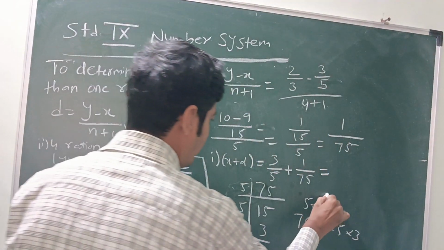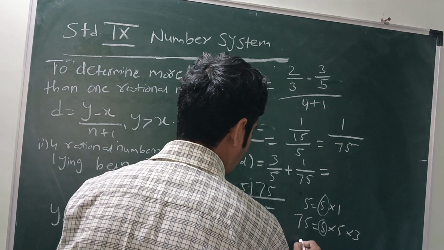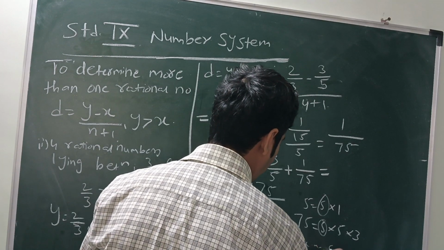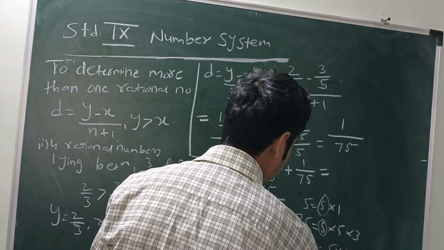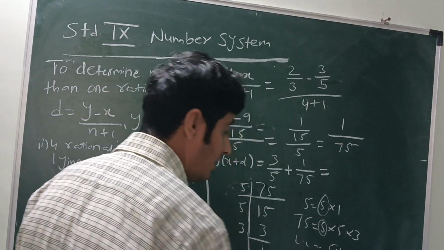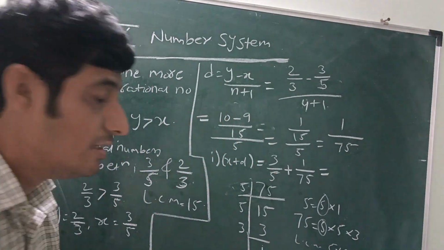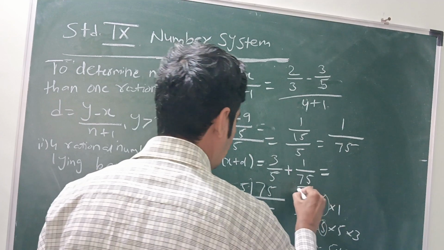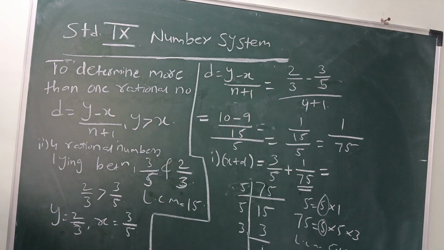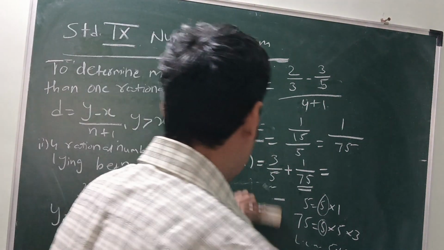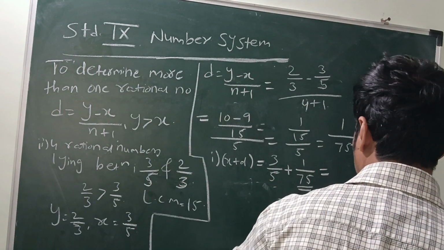Now take the common here, 5 and 5 common. The LCM will be 5, 5 and 3. 5 fives are 25, 25 threes are again 75. The LCM is 75. Now just we have to do the calculation over here.